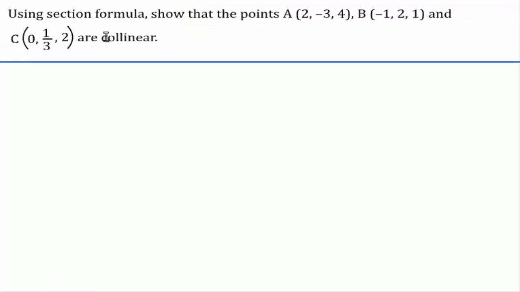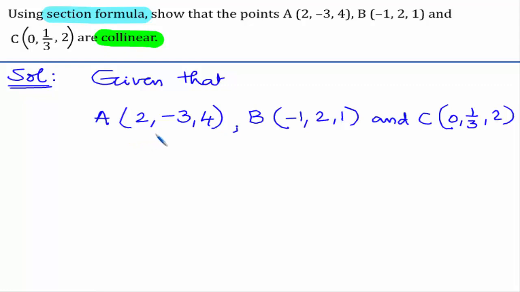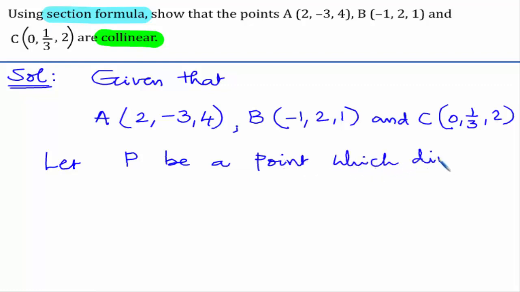We need to show these 3 points as collinear using the section formula. Let us show that now. The given 3 points are A (2, minus 3, 4), B (minus 1, 2, 1), and C (0, 1 by 3, 2). Now we need to show these 3 points are collinear. Let P be a point which divides AB in the ratio k is to 1.